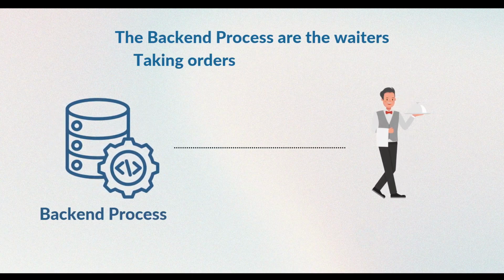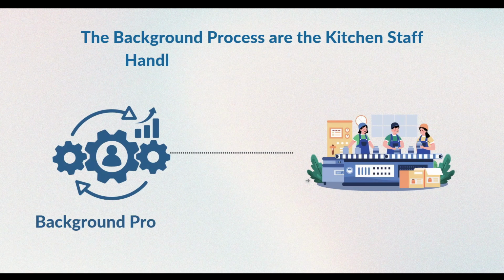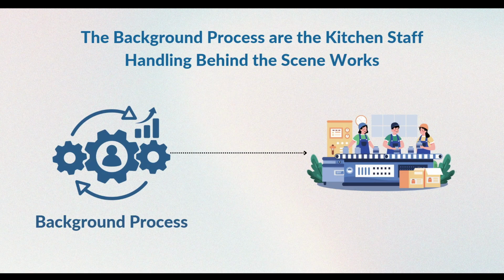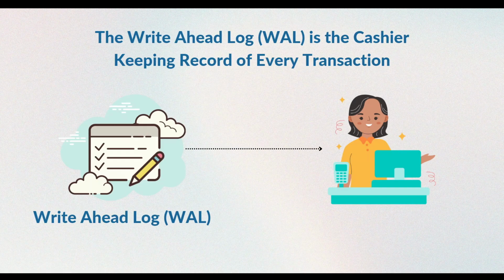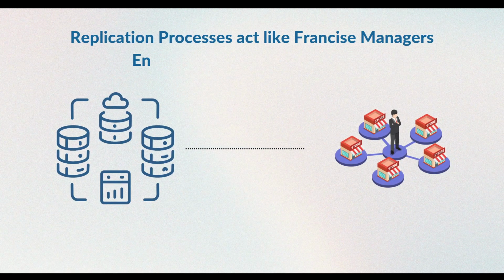The backend processes are the waiters which take orders and bring food. The background processes are the kitchen staff which handle behind-the-scenes work. The write-ahead log is the cashier which keeps the record of every transaction. Replication processes act like franchisee managers, ensuring every branch is in sync.